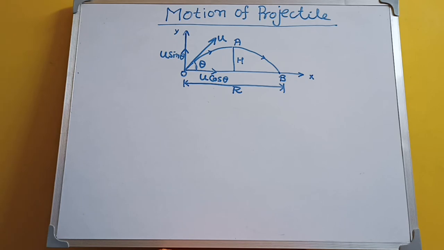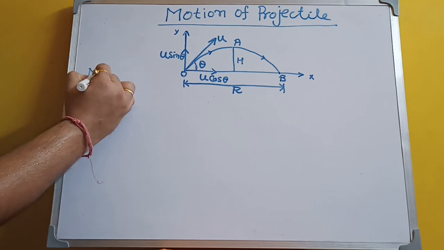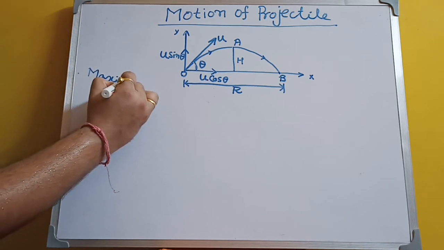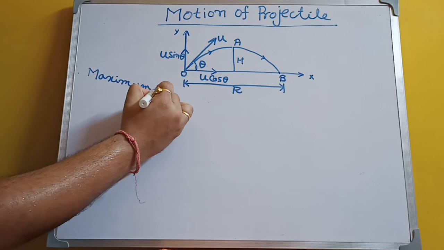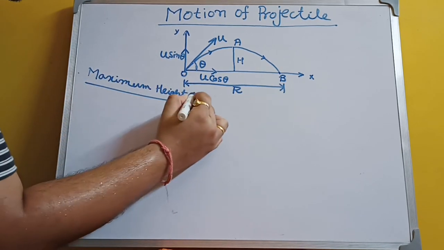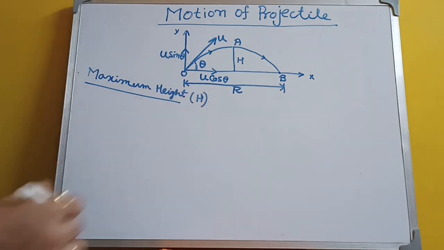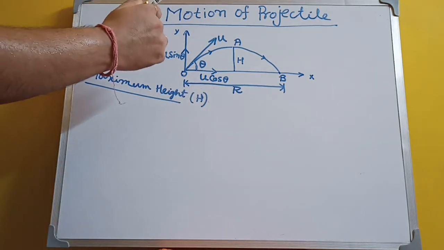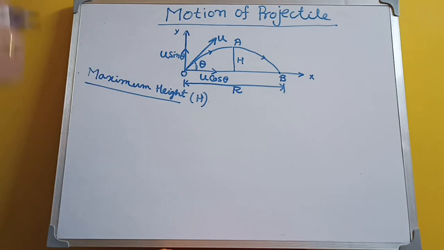Now we have to find the maximum height of this projectile motion. How can we find the maximum height? Let the maximum height be h. We know that at the maximum height, the velocity at that point will become 0.